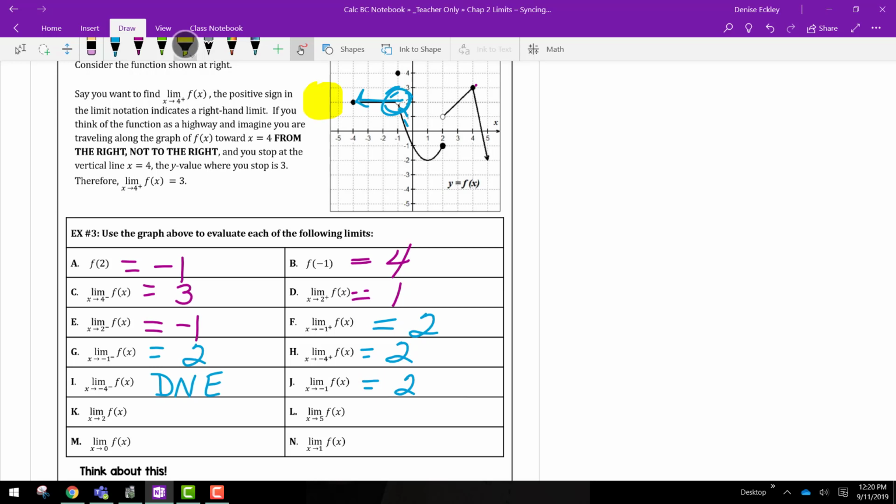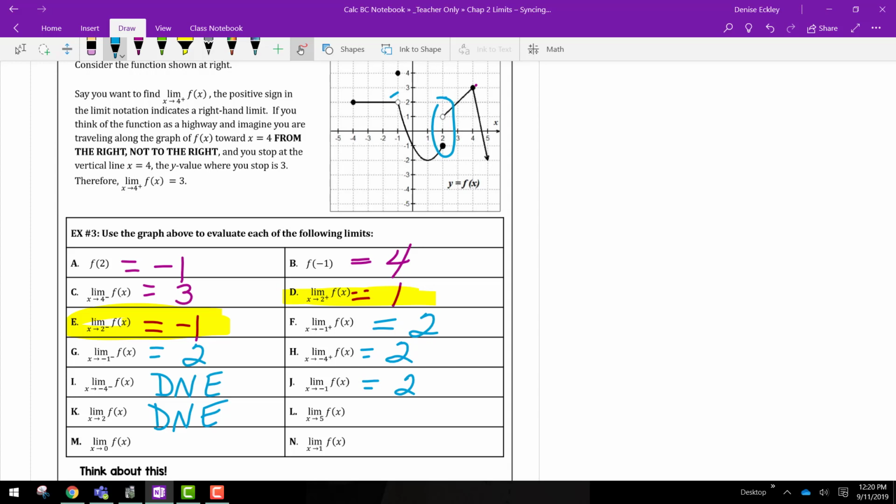If we look at our right and left-hand limits that we did earlier, if we look at 2 from the left, we got this, and 2 from the right, we got this. Those values are not the same, so this limit does not exist. They have to meet at the same point. And what we have here is that jump there. So we don't have a limit because there's 2 different values.